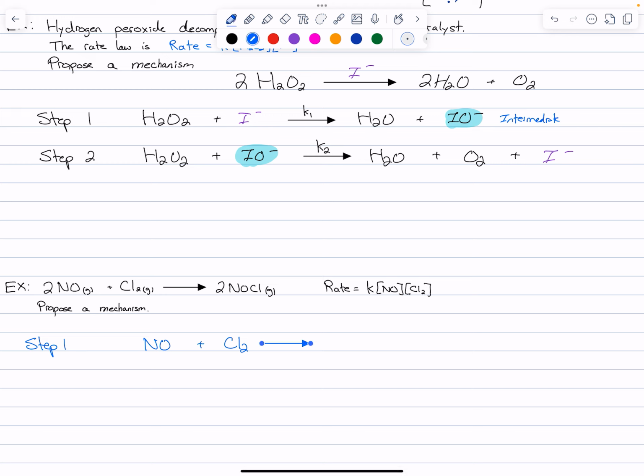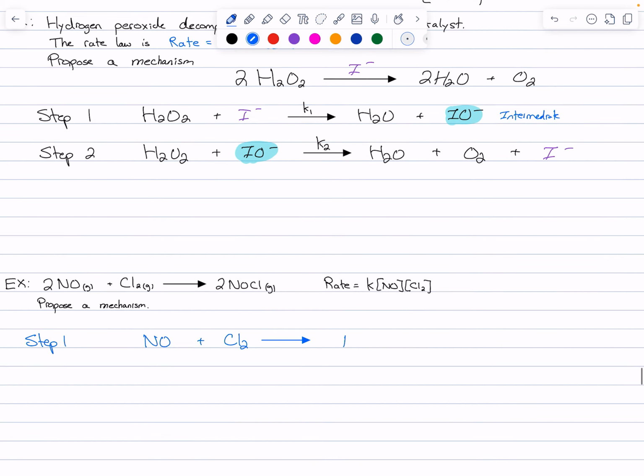What comes on the other side? Well, I can make what? Maybe make a product, NOCl plus Cl. And then step 2, we have another NO coming plus Cl, our intermediate.